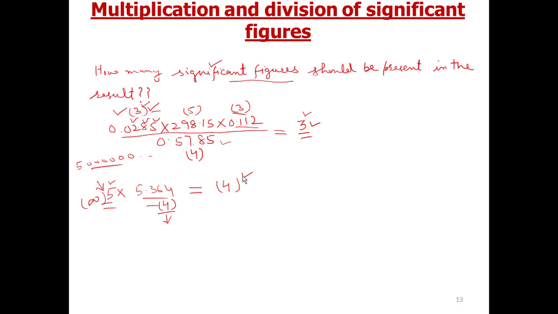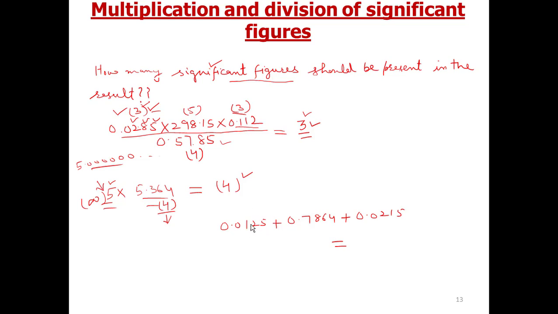Next is the case of addition. 0.0125 plus 0.7864 plus 0.0215. So in order to check the number of significant figures in the result, we have to count the number of digits after the decimal place, and we have to find the minimum value.